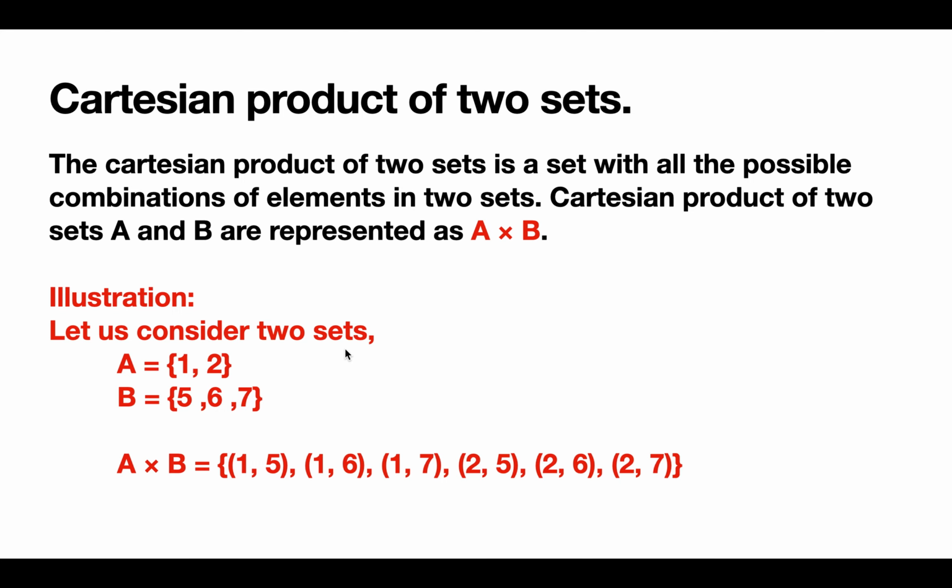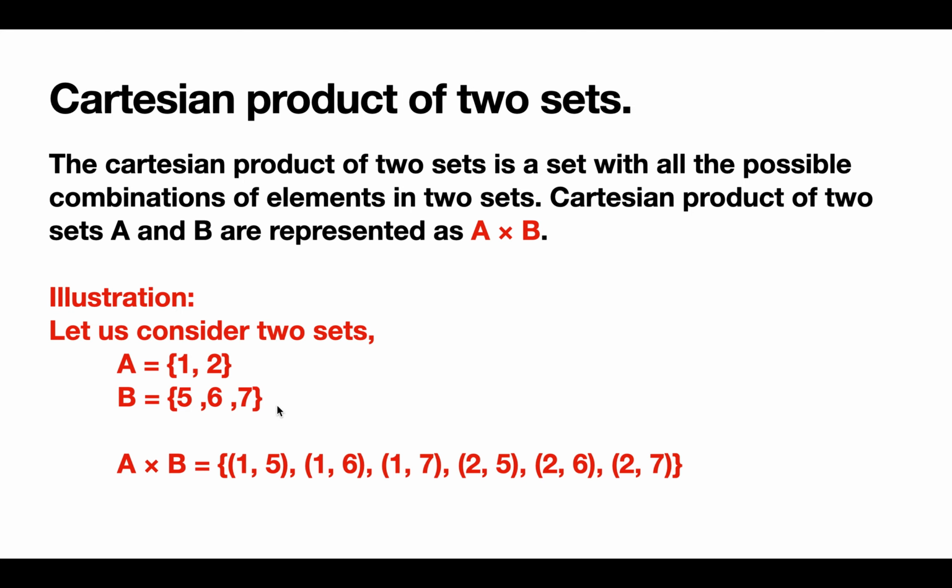As well, you have to have a clear idea how these sets are represented. Since it's mentioned A cross B, I have related from A to B, like (1,5), (1,6) and (1,7). What if it is B cross A? It will be related the other way around: (5,1), (5,2) and (6,1), (6,2) and (7,1), (7,2). They are both different.